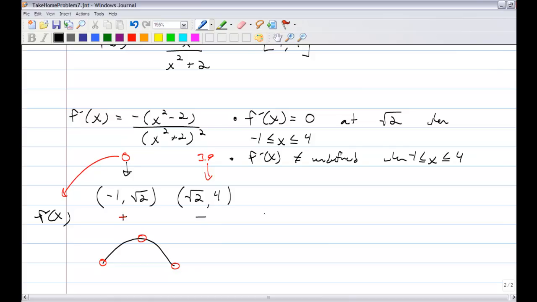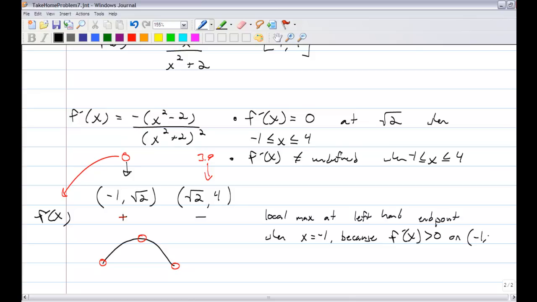So local max at left-hand endpoint. Local max at left-hand endpoint when x equals -1, because f prime of x is greater than 0 on -1 to root 2.